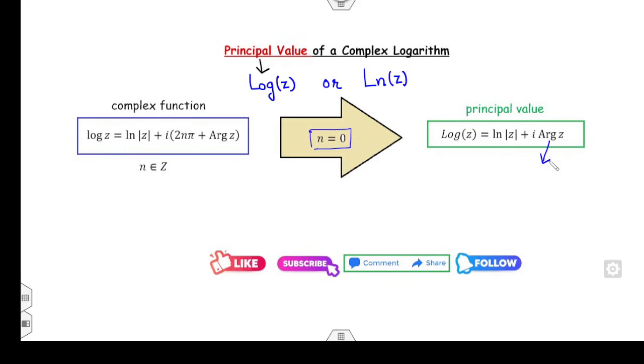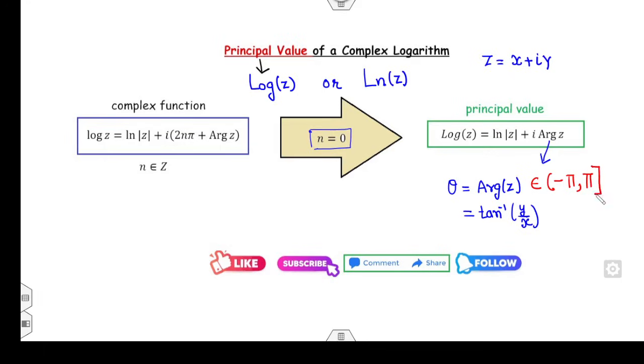Here theta is called the principal argument of z, which is defined as tan inverse y over x, where x and y are real numbers and z is equal to x plus iota y. Because this is the principal argument, we can define this number from minus pi to plus pi.